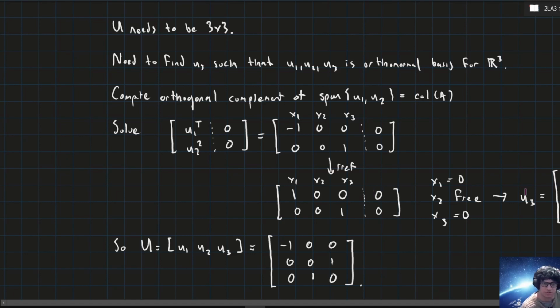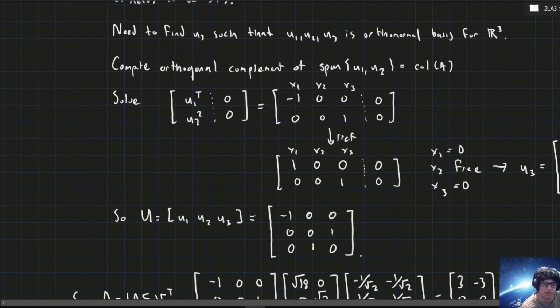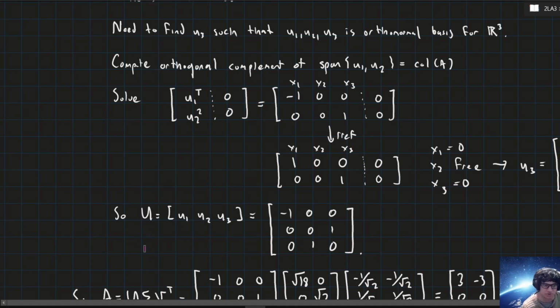For this system, it's very easy. We get that U3 is going to be 0, 1, 0. And so our U matrix will be U1, U2, U3, and it forms this.